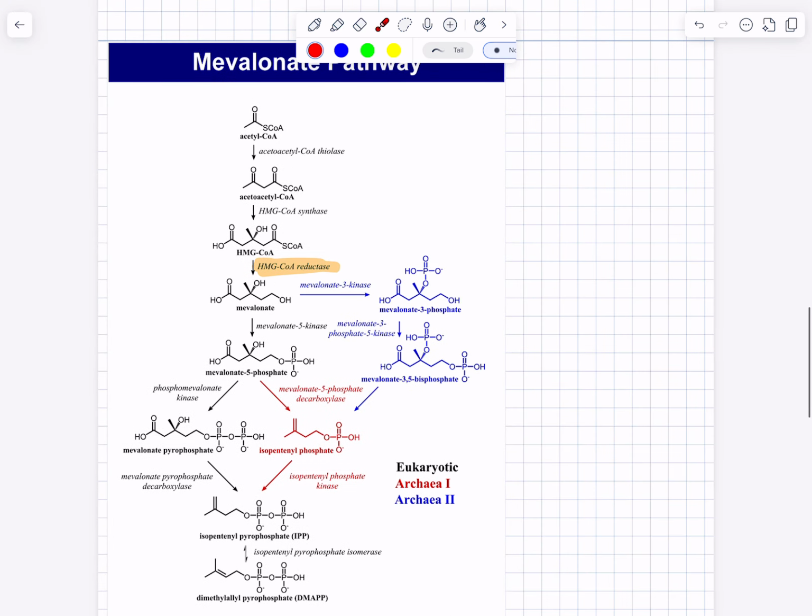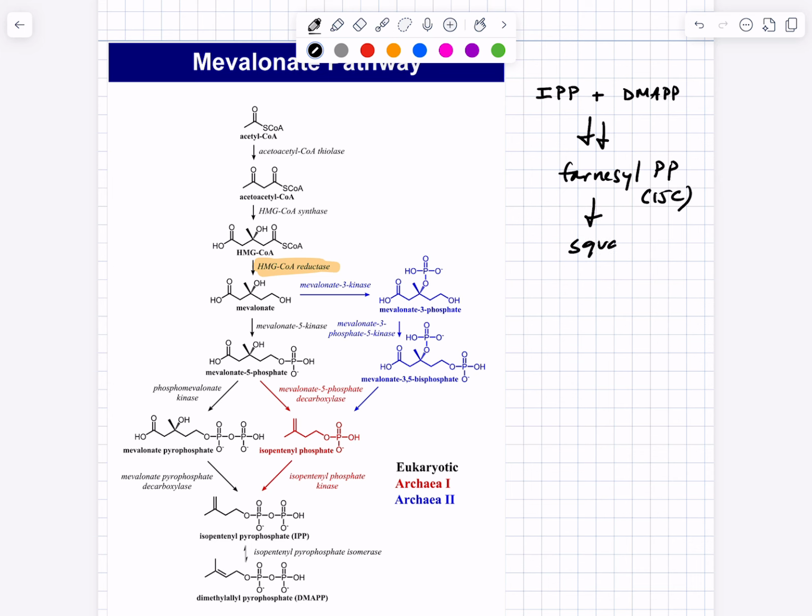So how does that work? Let me just sketch this out briefly for you. The molecules IPP, isopentenyl pyrophosphate, and dimethylallyl pyrophosphate get turned into a much larger molecule called farnesyl pyrophosphate, which has 15 carbons. Then that gets turned into a molecule called squalene, which has 30 carbons.